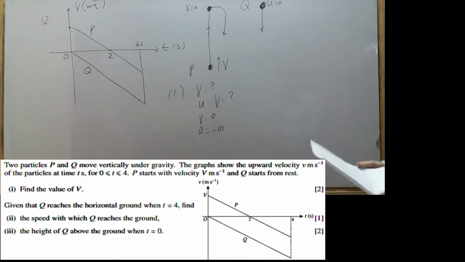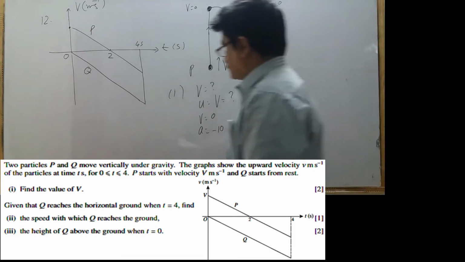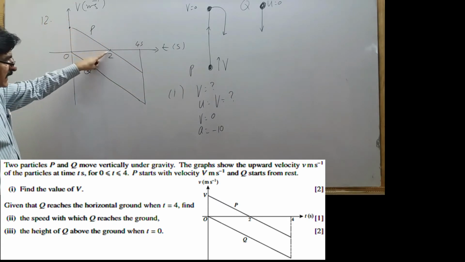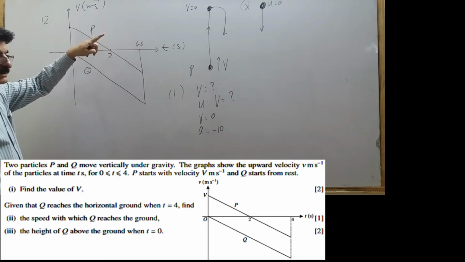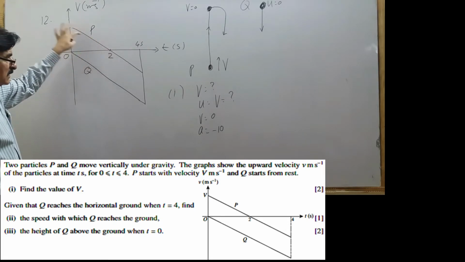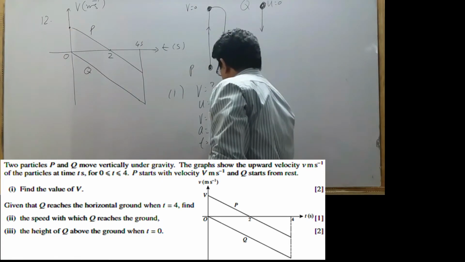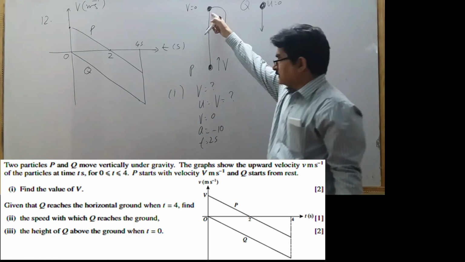Now you need time. From the graph for P, only focus on the motion of P. See that at time 2 seconds, P comes to rest. This is a very important point. From the graph, time is 2 seconds at the highest point.